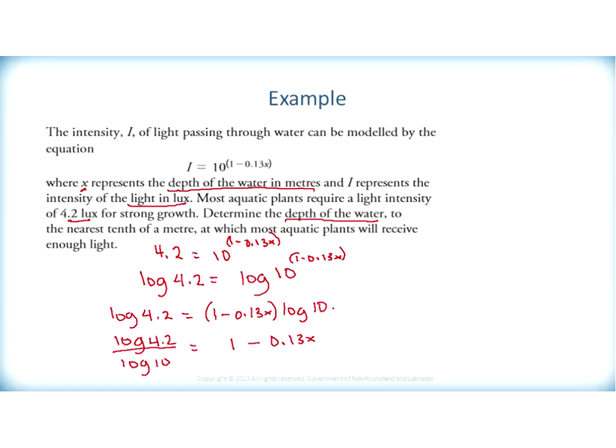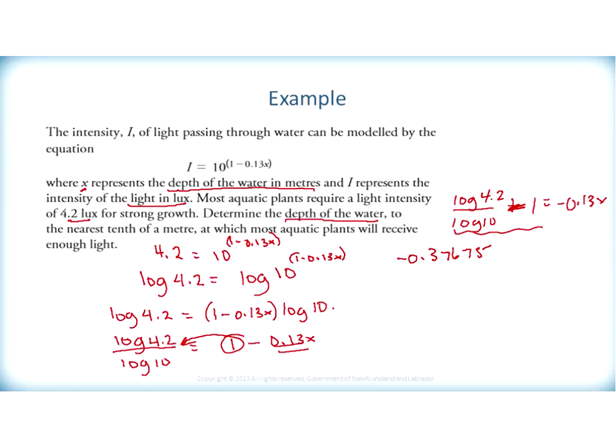Sorry, we're going to move this 1 to the other side of the equation to isolate the x part first. This will give us log 4.2 divided by log 10, subtract 1, equals negative 0.13x.